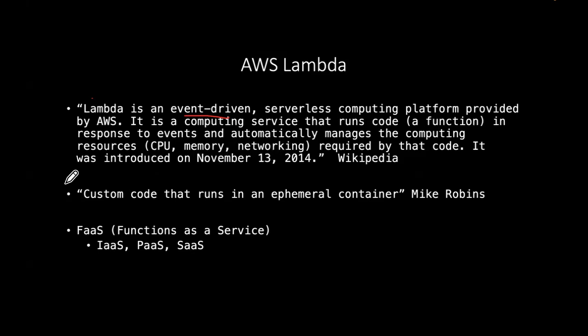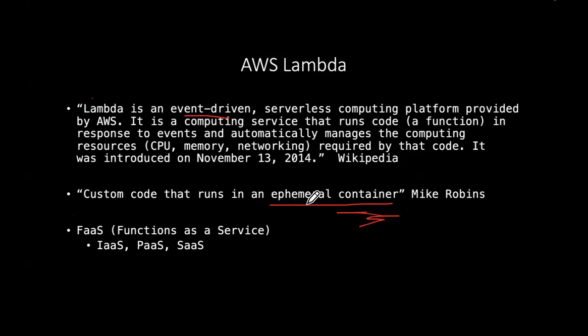Another way of describing what this AWS Lambda service is all about is it's a way of us writing custom code, our Lambda function, and that code runs in an ephemeral container. Now we know the notion of a container from last semester, and that understanding is valid here. It's not a fully fledged Docker container, but it's some sort of variation on that.